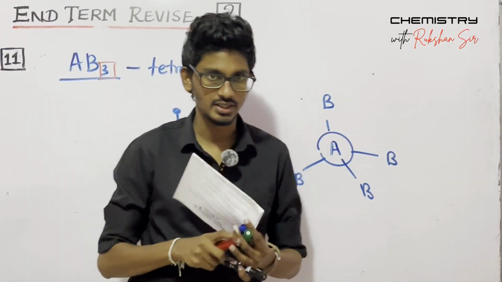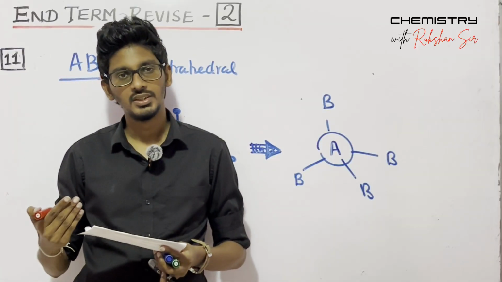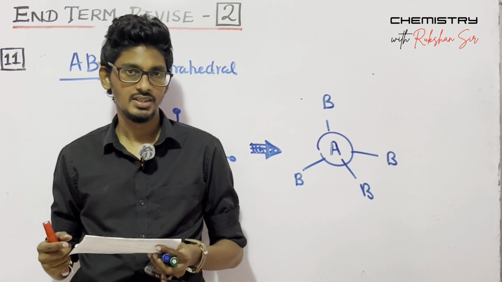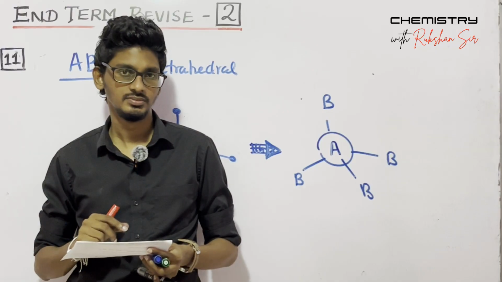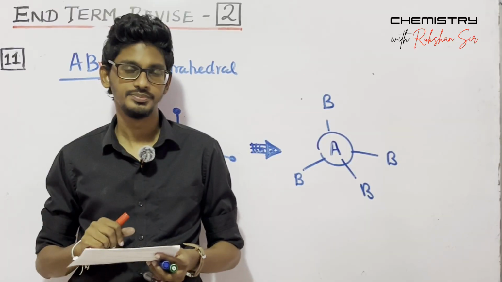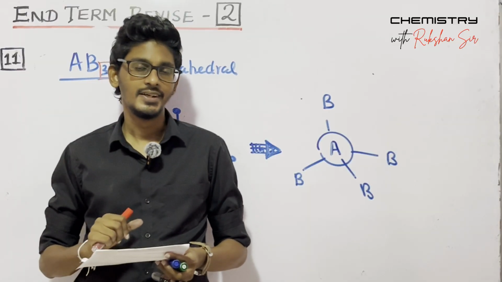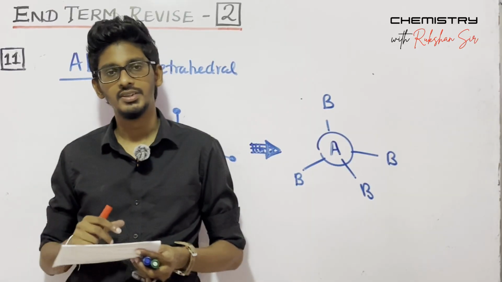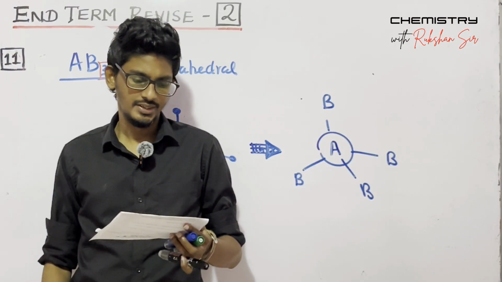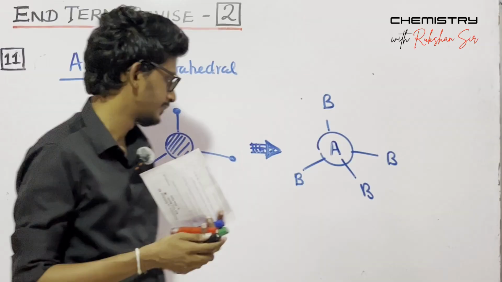The shape around the atom of AB3 could be trigonal planar, or it could be T shape, but not tetrahedral. With three connected groups, you can't have a tetrahedral shape. It could be trigonal planar, or the T shape coming from the trigonal bipyramidal electron pair geometry, right? So the statement is false.